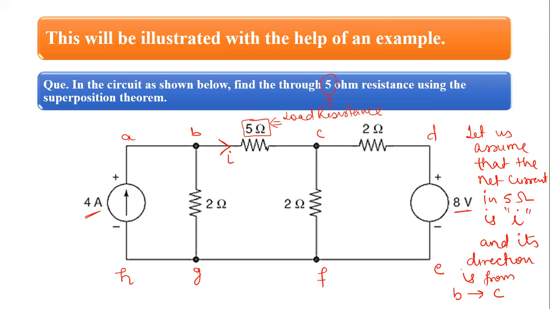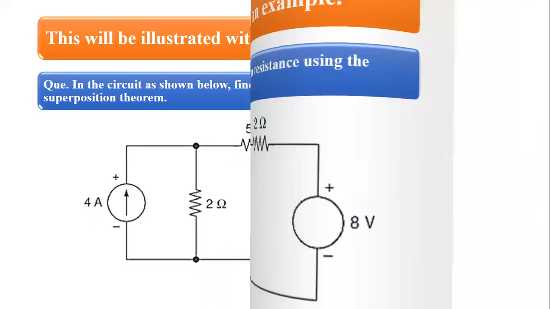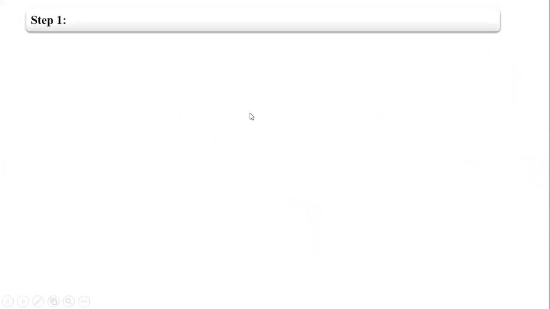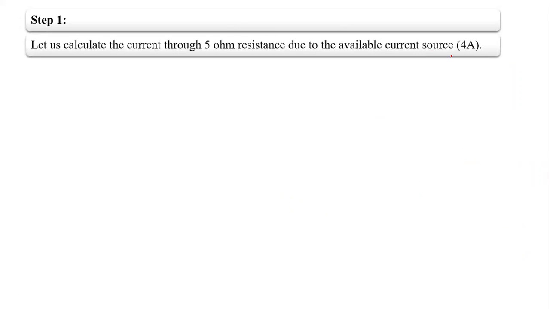Now what we will do is keep one source activated, any one of them, and deactivate the other source, and then redraw the circuit. Let us go to step one here. Let us calculate the current through the 5 ohm resistance using the available current source, which is 4 ampere.